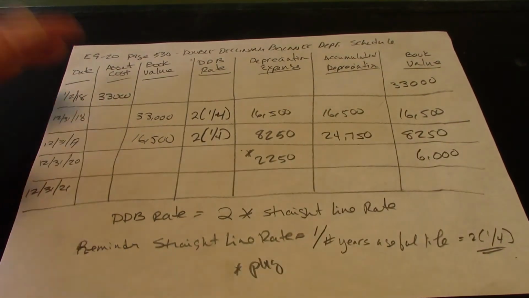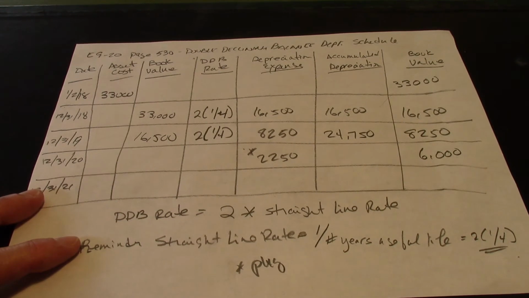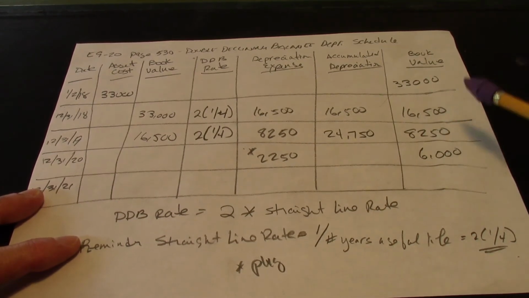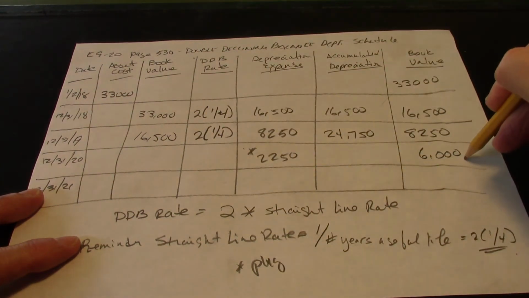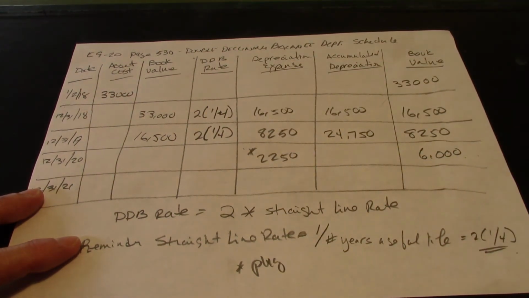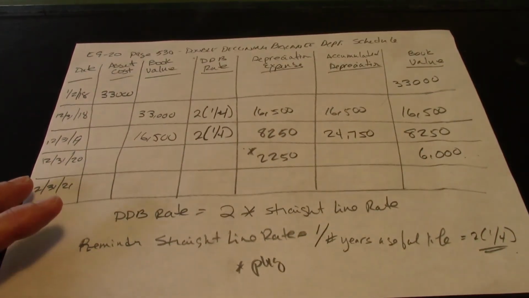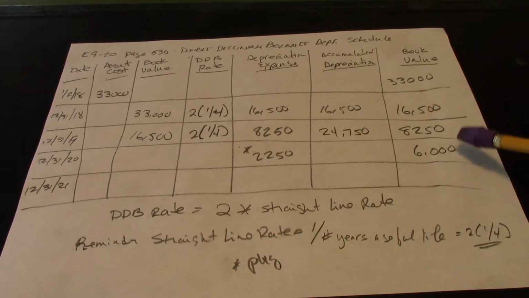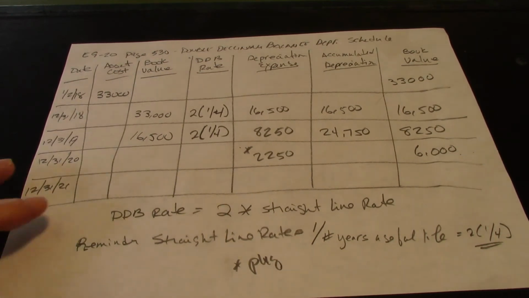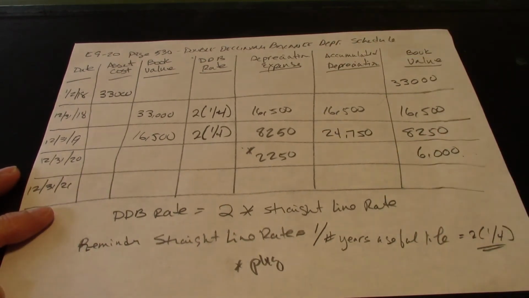It's like whatever it takes to get the number, right? So I knew that because I realized, you might not realize it till you work out the problem and you go, oh, dang, I'm below 6,000, and you have to erase it and go back. That's okay, but just remember, at some point you're going to have to stop depreciating because you can't go below the residual value.